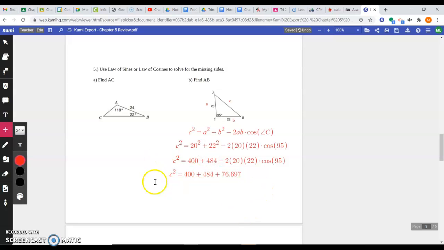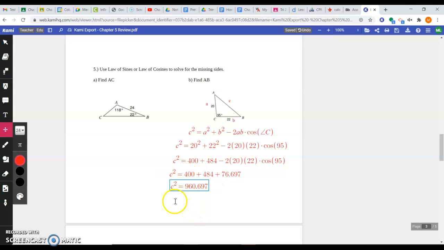And then from here, I'm almost done. I just need to do this addition. So I get c squared equals, and I have to use my calculator to do this, 400 plus 484 plus 76.697. And what I get is 960.697. Now the last part here is I don't want c squared, I just want c.